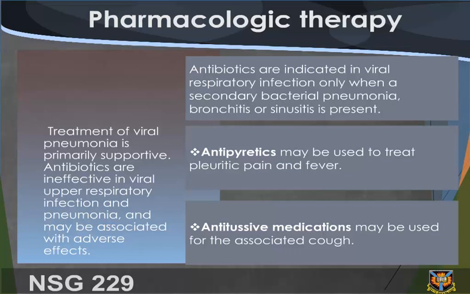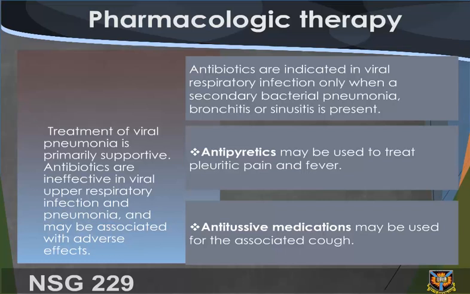Antibiotics are ineffective in viral upper respiratory infection and pneumonia and may be associated with adverse effects. Antibiotics are indicated in viral respiratory infection only when a secondary bacterial pneumonia, bronchitis, or sinusitis is present.